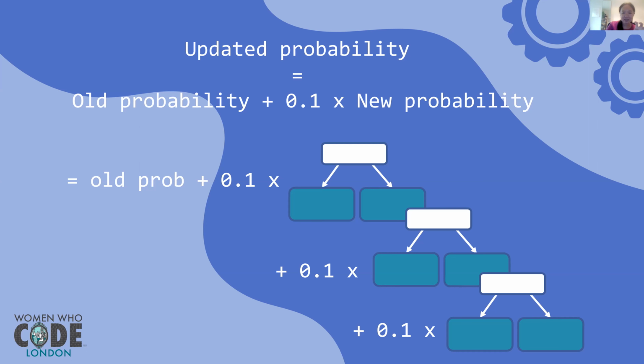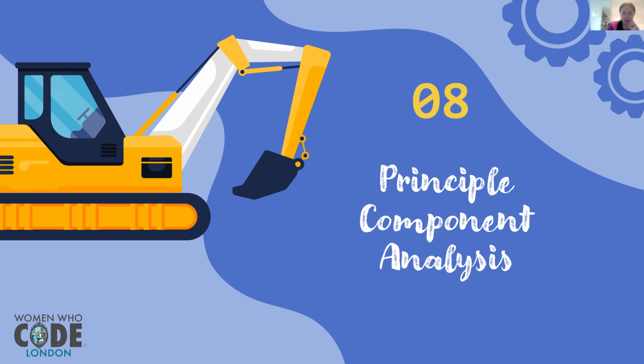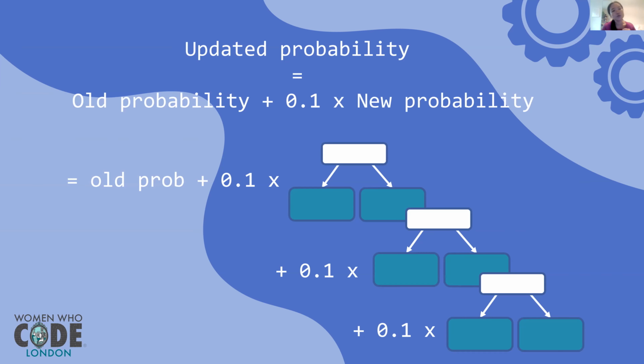You keep adding these little trees up. You keep adding these improvements of new probability. Eventually, you will have the result of the probability. So you keep improving it to get your final result.